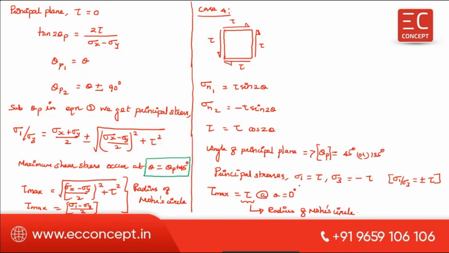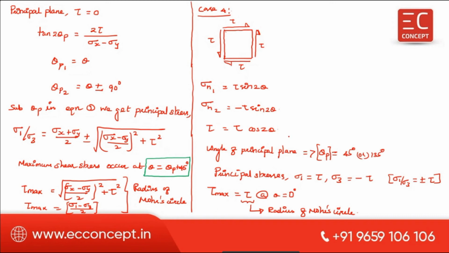So in this case, the principal stresses and the tau max, everything is the same. Principal stress is also tau, tau max is also tau. Therefore here the principal stresses, normal stresses, shear stress, everything is tau. Very, very important points.